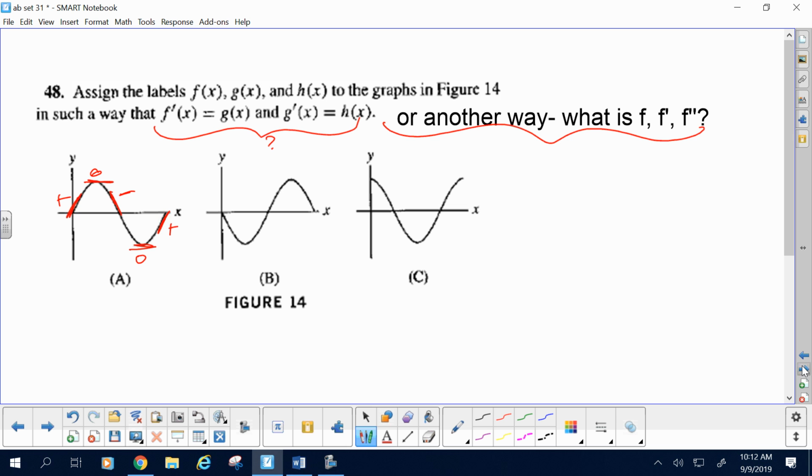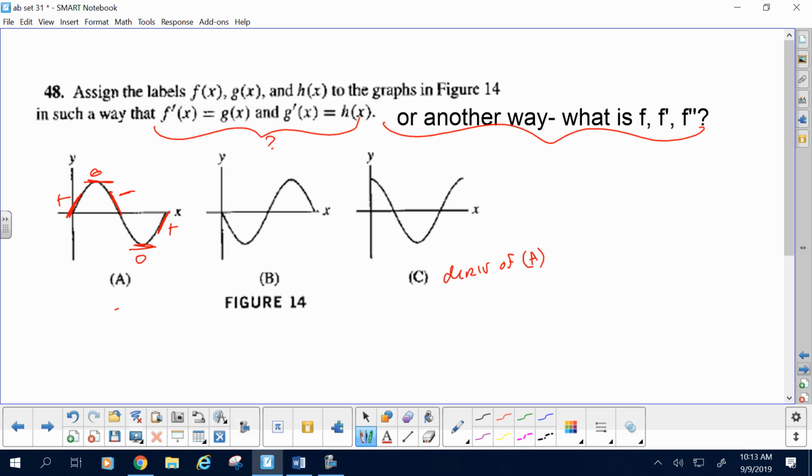Yeah, it feels like C. So what does that mean then? That C is the derivative of A. Now that actually is not done because that could either mean this is F and this is F prime, or it could mean that that's F prime and this is F double prime. So we don't know that yet, so we need to do more, okay?